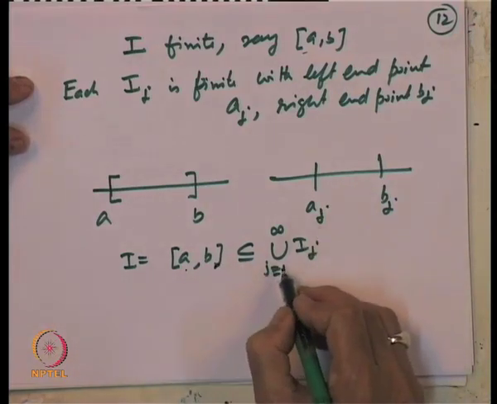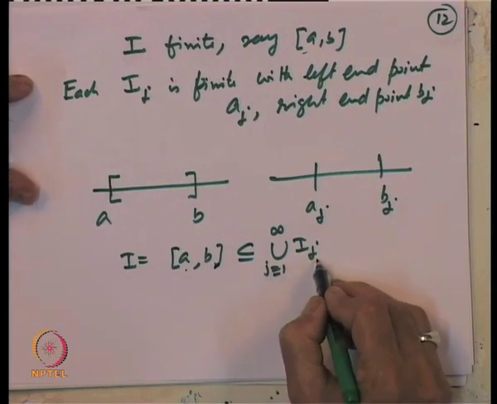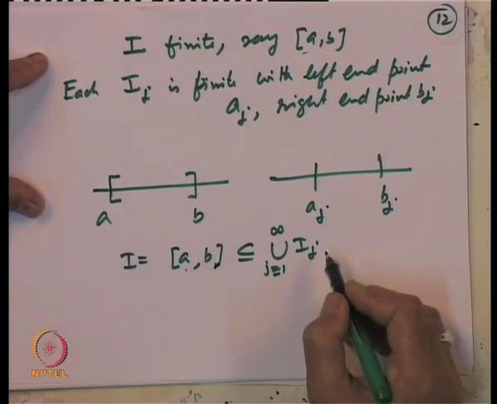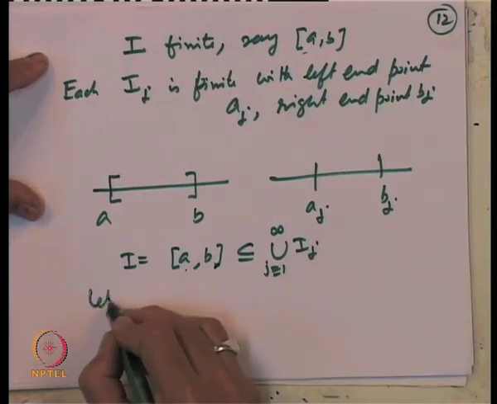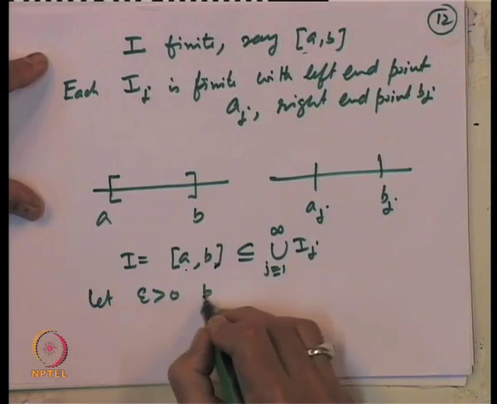But for that we need the intervals to be open. So let us make these intervals I_j open, but of course the lengths will change. Let epsilon greater than 0 be fixed.